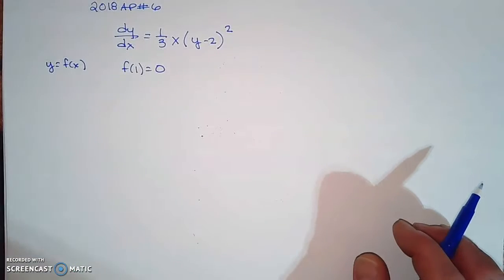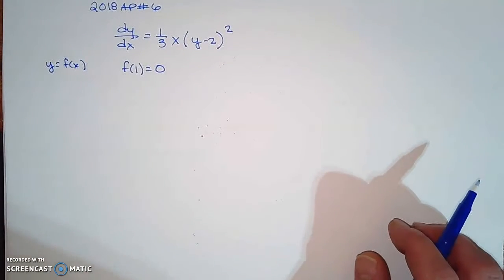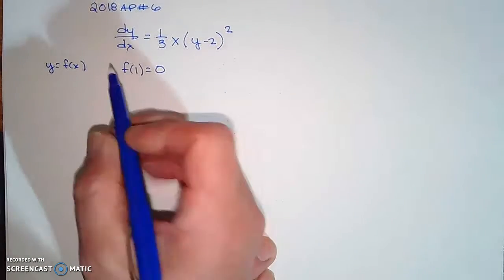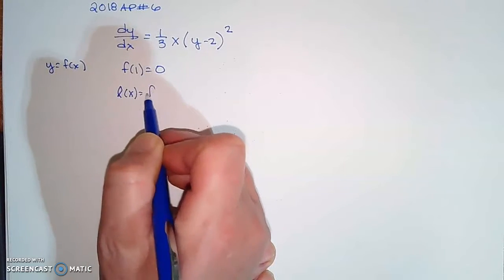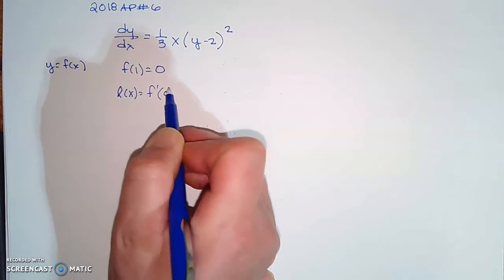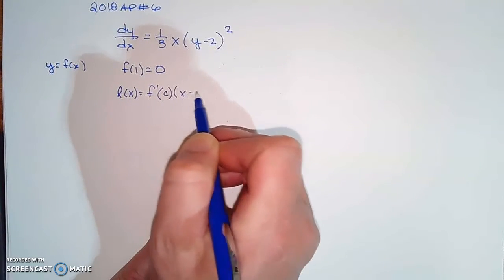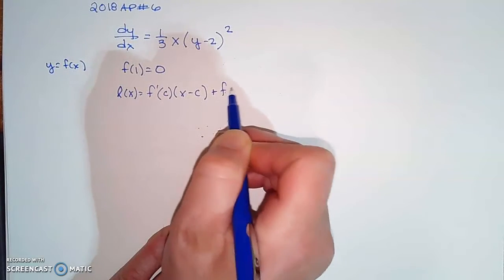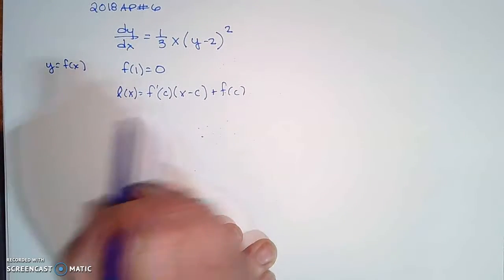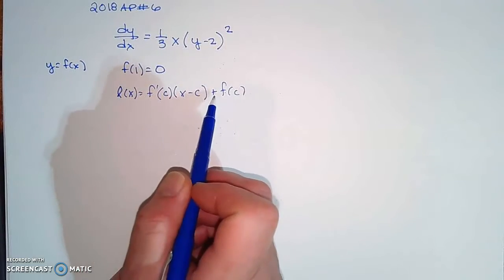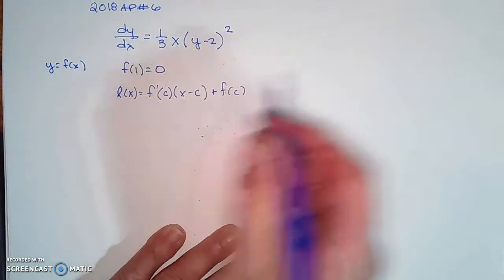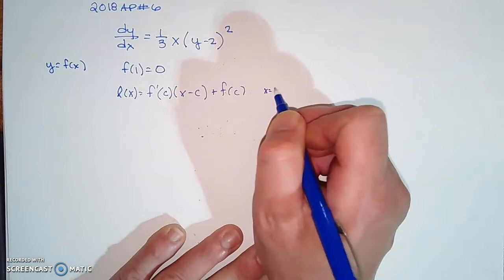A tangent line. Please remember, as soon as you hear tangent line, the tangent line is equal to f prime of c times (x minus c) plus f of c. So as soon as you hear the word tangent line, forget everything else. And they want me to do this at x equals 1.